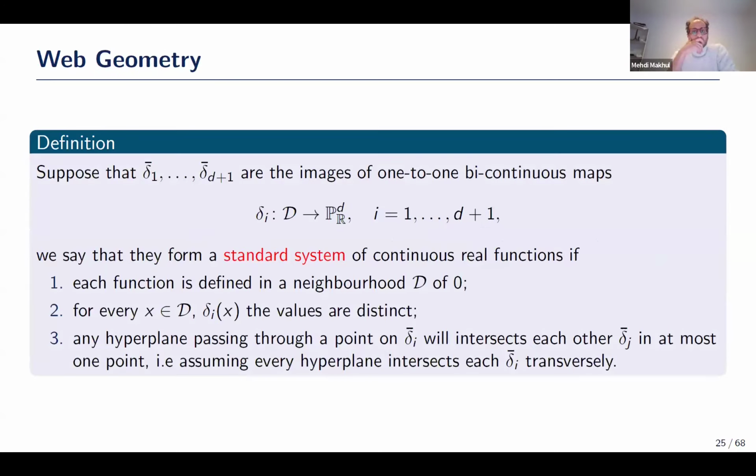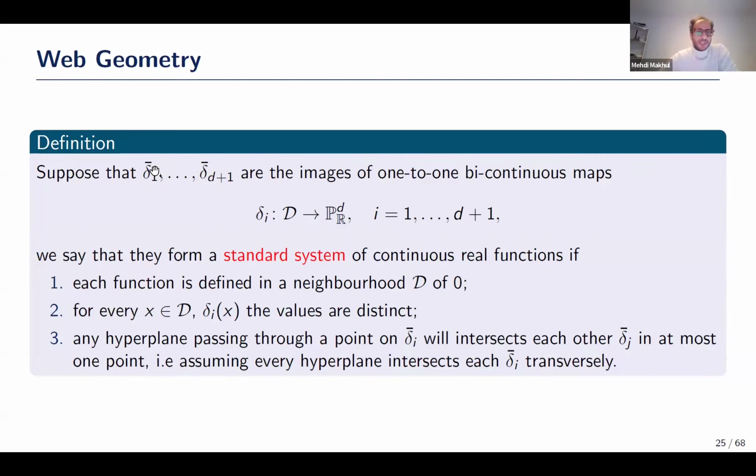So let me give one definition. By a standard system, I mean: let delta i be some continuous functions from some interval around the origin to projective space, actually in R^d, and let delta 1 bar up to delta d plus 1 bar be the images of these continuous one-to-one functions.